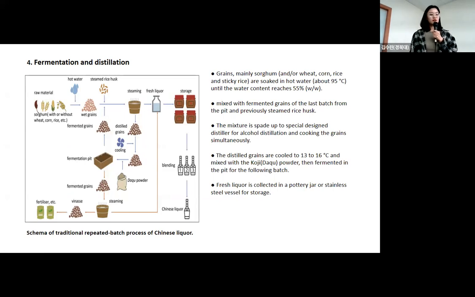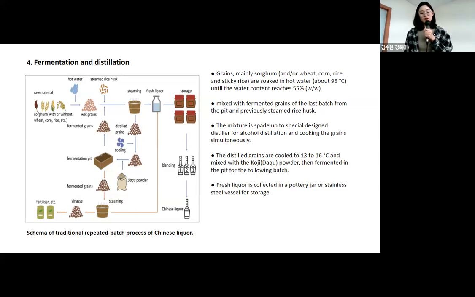After starter preparation, we can start fermentation and distillation. This picture is the segment of the traditional repeated batch process of Chinese liqueur. First, grains are soaked in 95-degree hot water until the water content reaches 55%. Mix with fermented grain of the last batch from the pit and previously steamed rice husk.